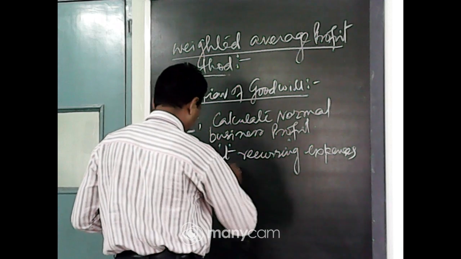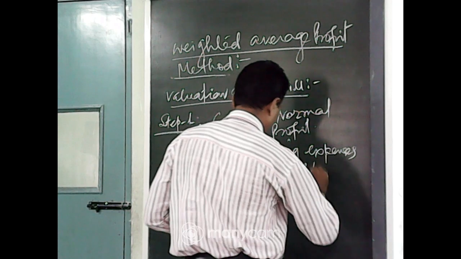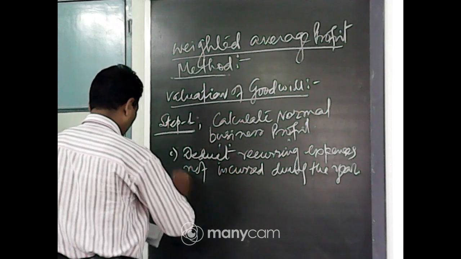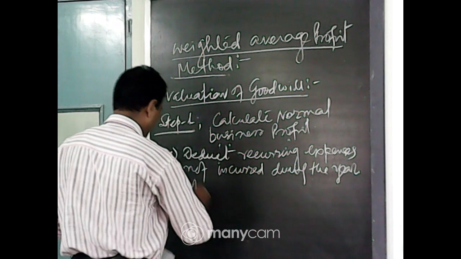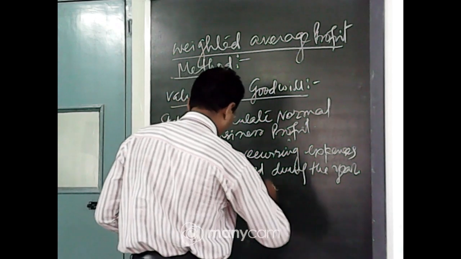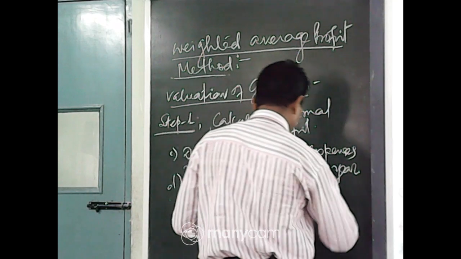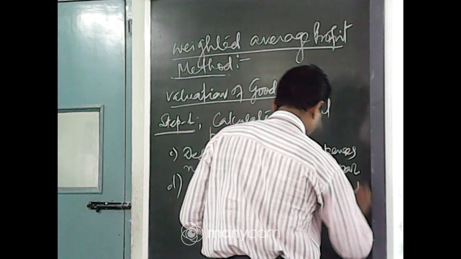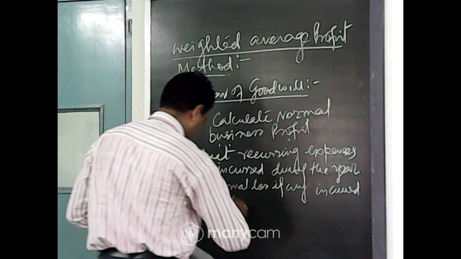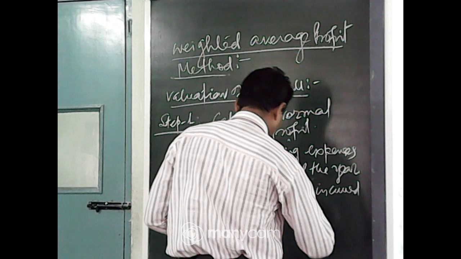Next, abnormal loss, if any, incurred during the year and debited to profit and loss account.